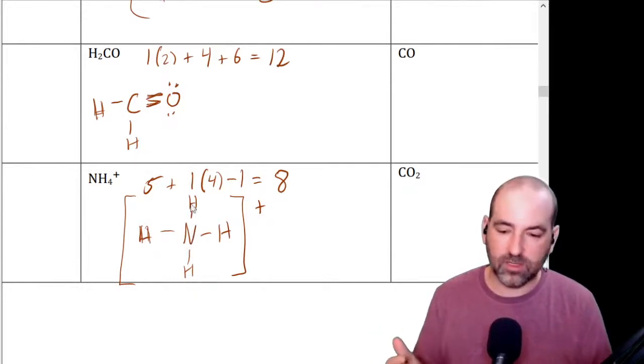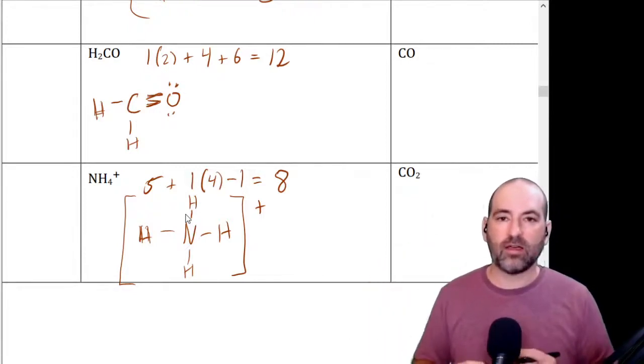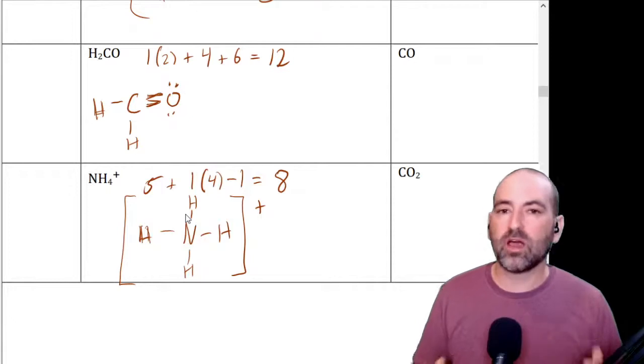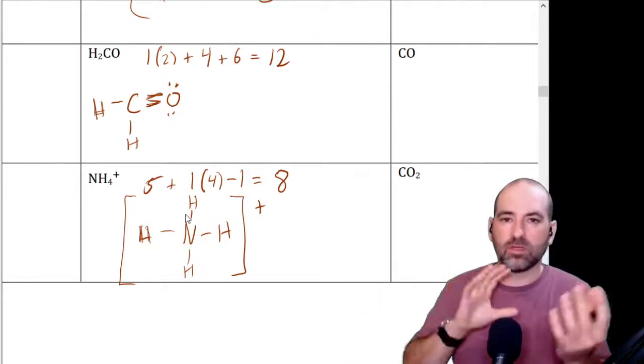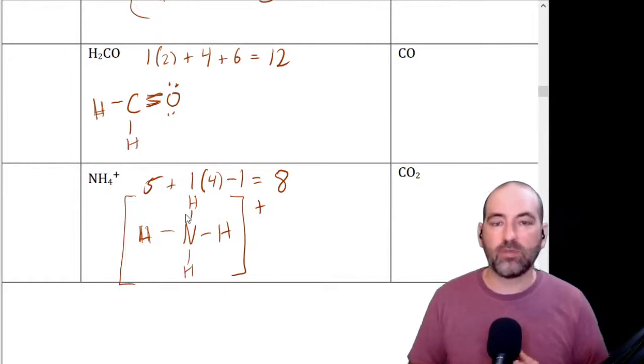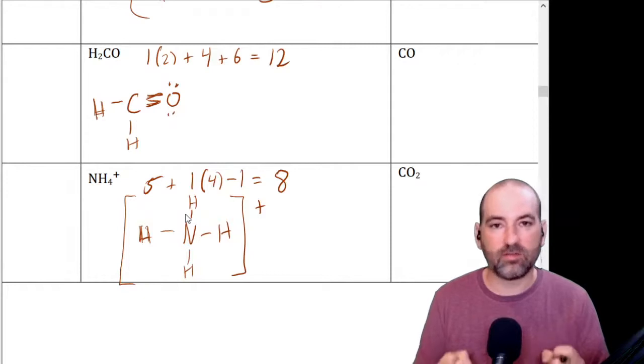But the actual structure is going to be tetrahedral. So those hydrogens are going to spread out to make that shape. And if you look up in the textbook, there's some better pictures of that. You can also look up some videos on YouTube where you can see it rotating. When you come to lab, either today or next week, you can play with some models if you still have trouble kind of seeing that shape.